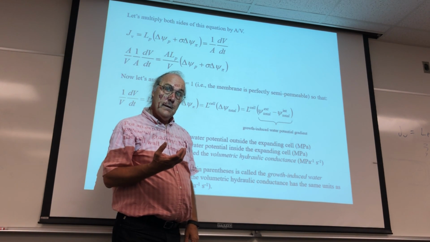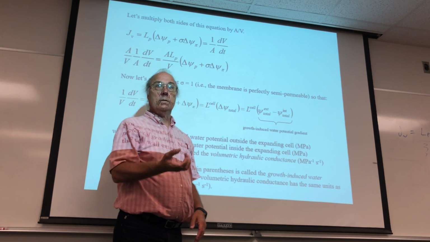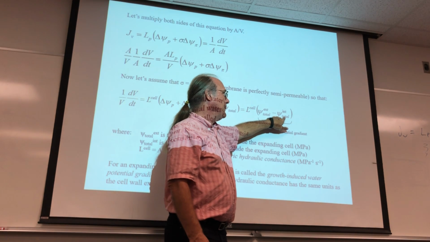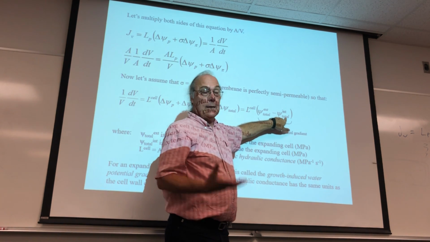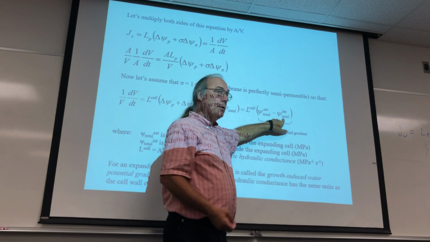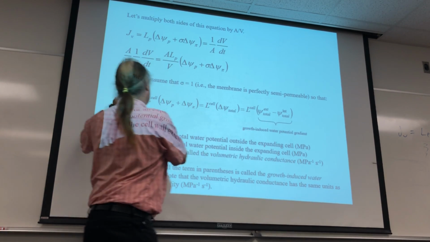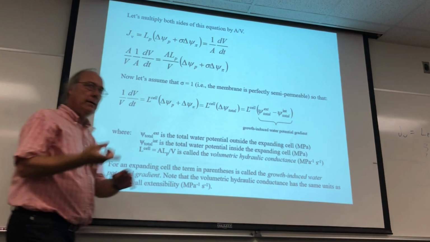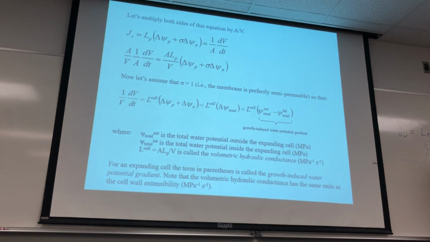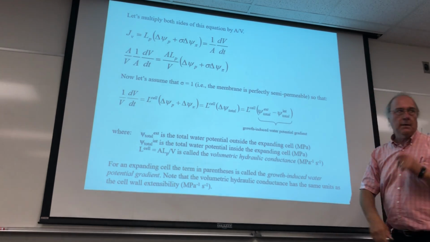It's concentration. Concentrate solutes or dilute solutes. Yeah, changing the concentration of solutes will make this term more negative, this term becomes more positive, and this term increases if it increases the solute concentration, and vice versa if it dilutes. So there's the way the plant has of altering the growth-induced water potential gradient.